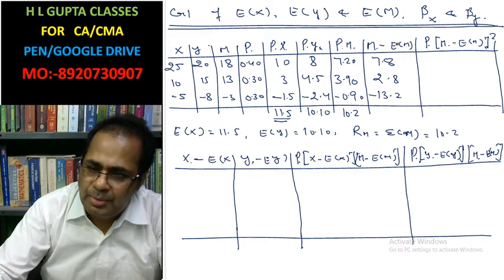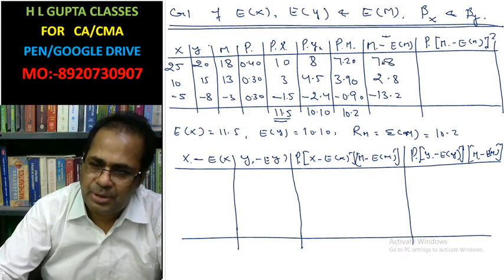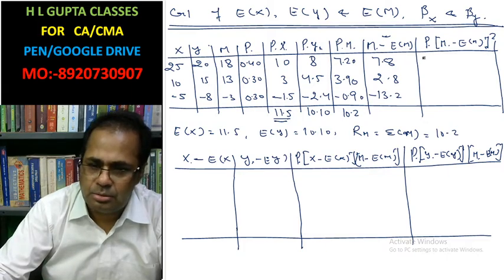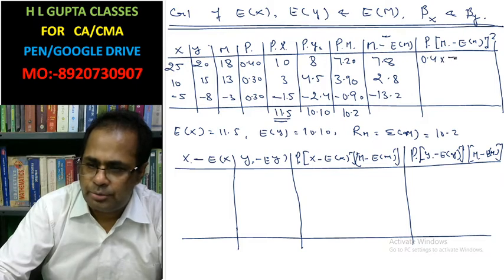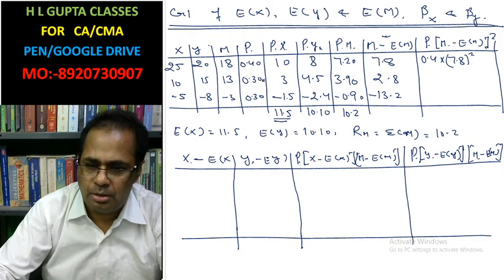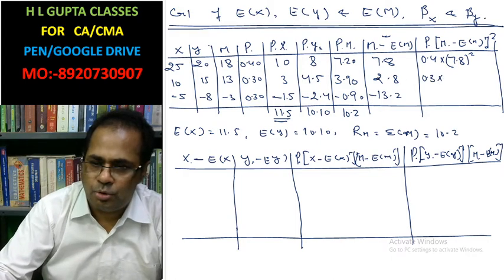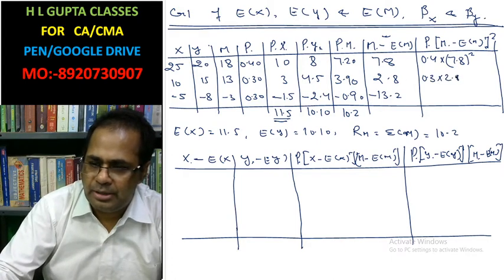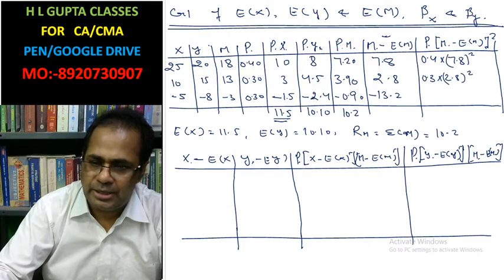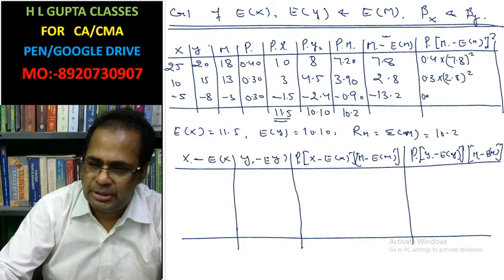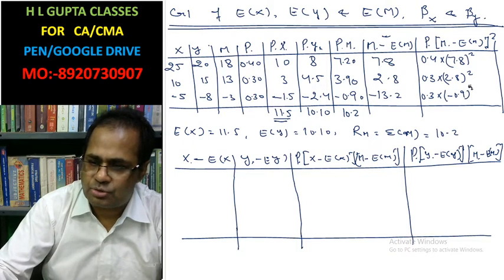Now after squaring, M minus expected M, you have to multiply by P. So you will get 0.4 into 7.8 squared, 0.3 into 2.8 squared, and 0.3 into minus 13.2 squared.